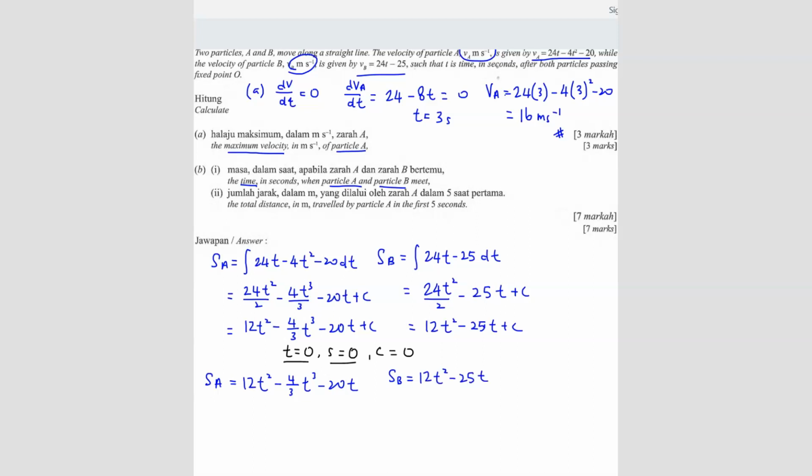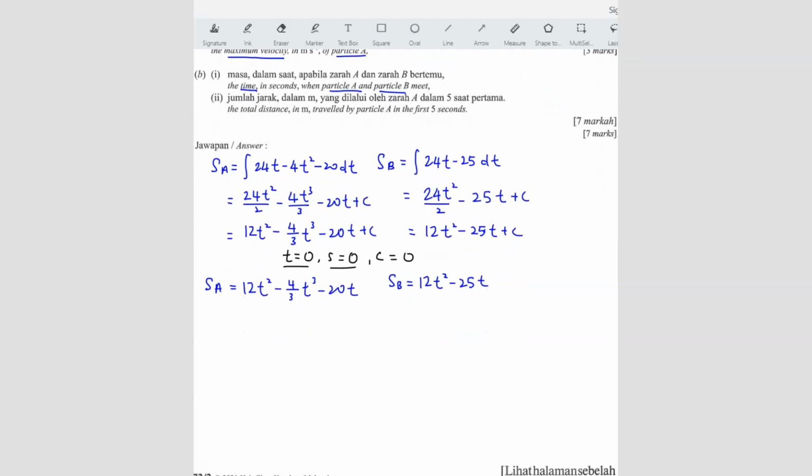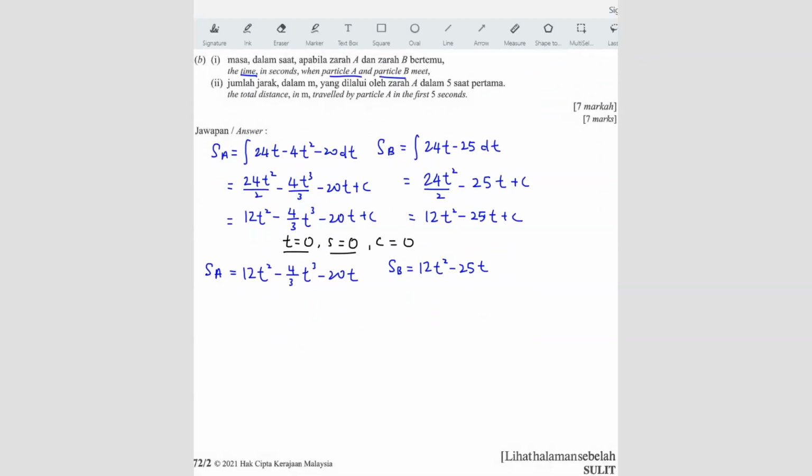Okay, so we're not done yet. They asked to find the time at which both of them meet. When they meet, they're at the same position, so SA should be equal to SB.